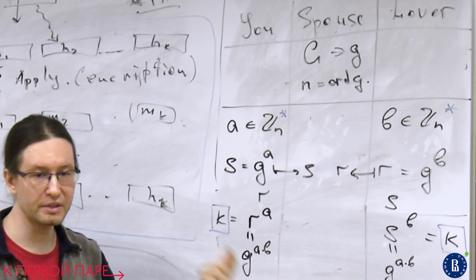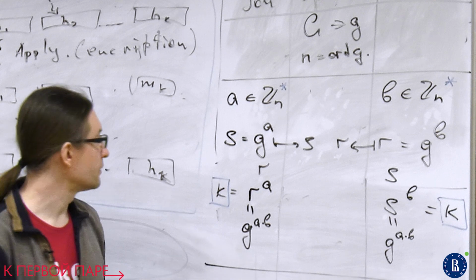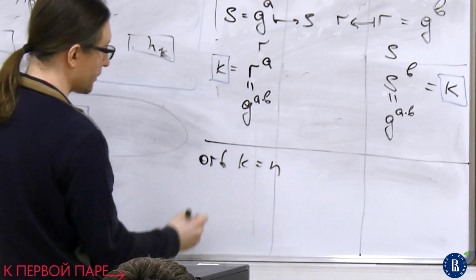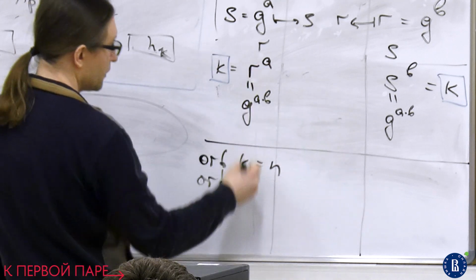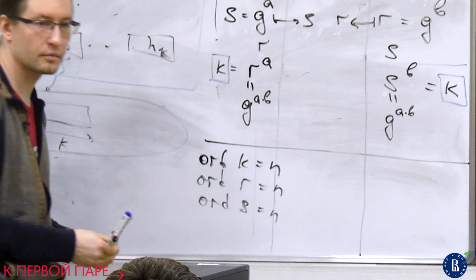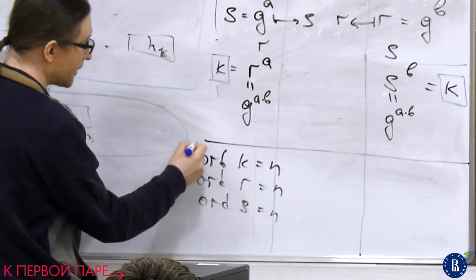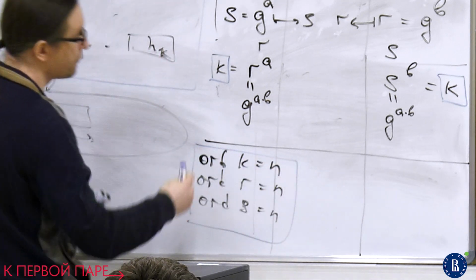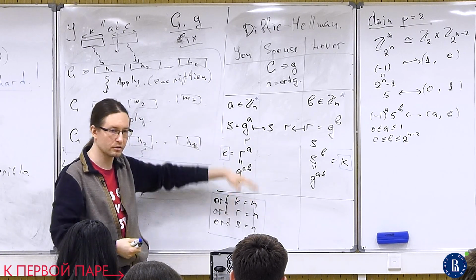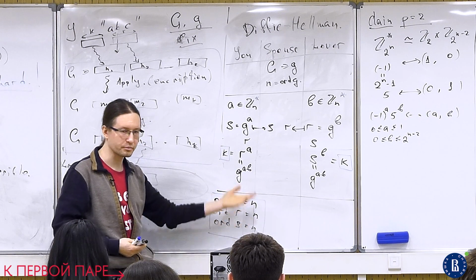And G to the A times B also has order n. So the order of the element K is also n. The order of each public key is also n. Technically, for the whole scheme, it's not very important, but if you want this to be reliable, this is an important property to check.